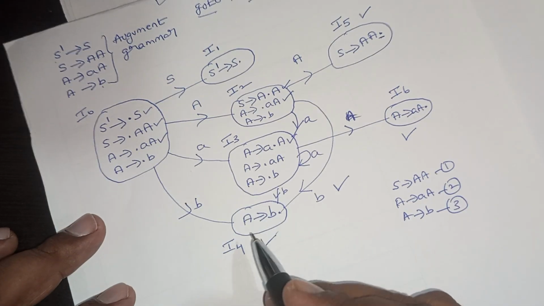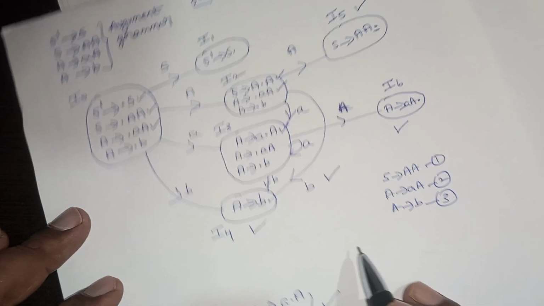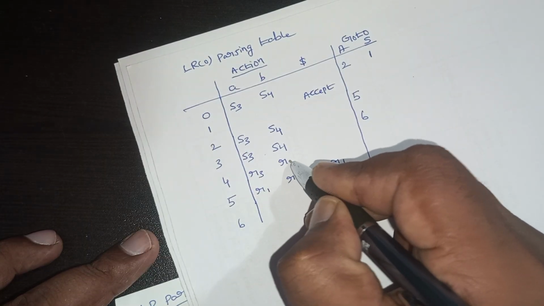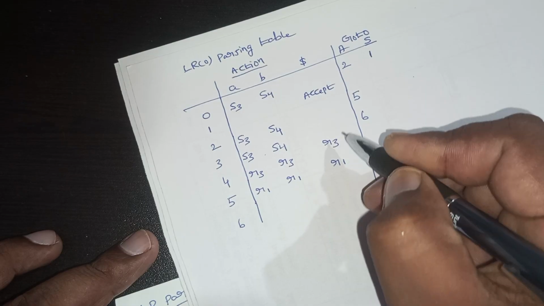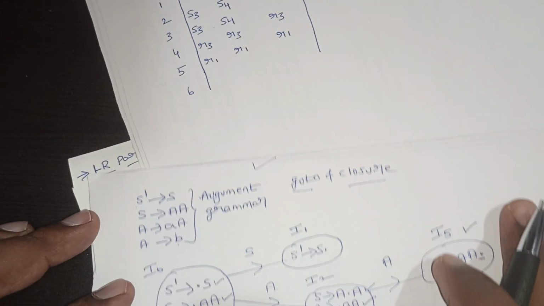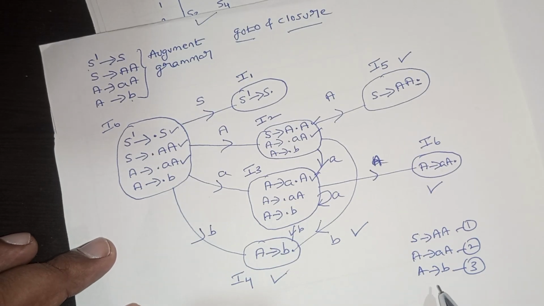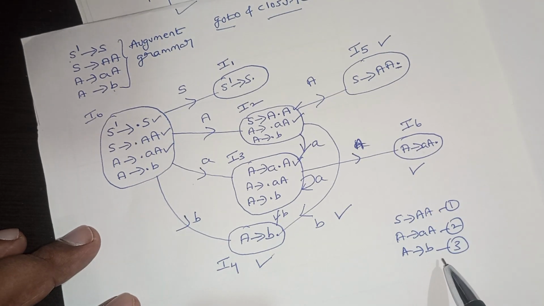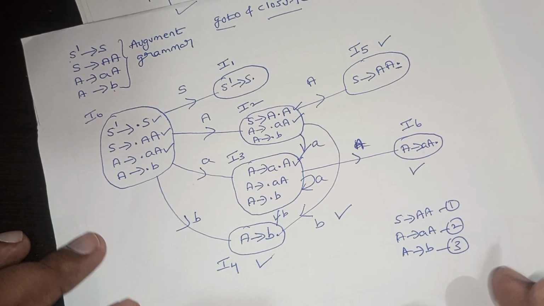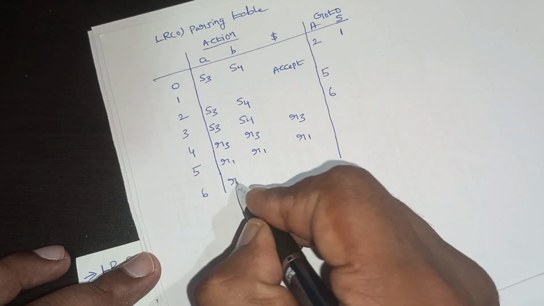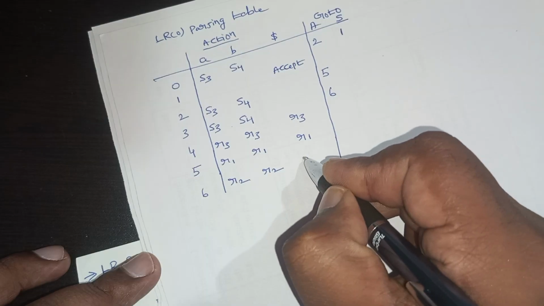What about I4? It is A tends to B dot. What is the rule number? 3. You write R3, R3, R3. Next, what is I6? The number is 2, so you write R2, R2, R2.